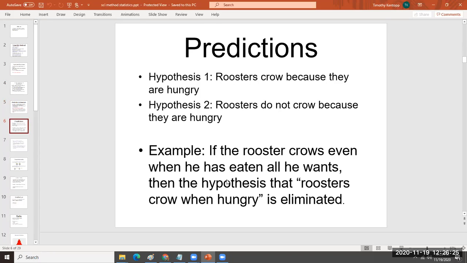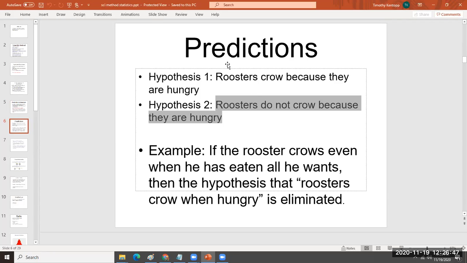Once again, he's got other examples here. Roosters crow because they're hungry. Roosters do not crow because they're hungry, right? And so you could get hungry roosters and well-fed roosters, and then you could measure how many times they crow.